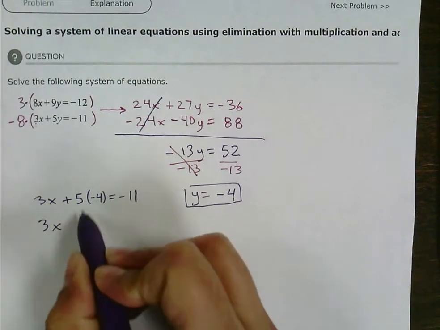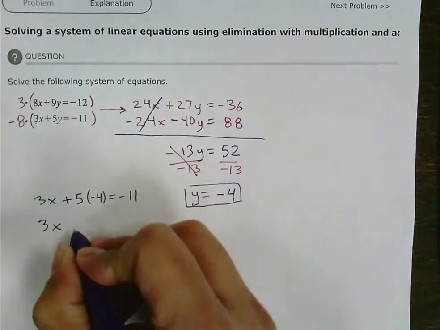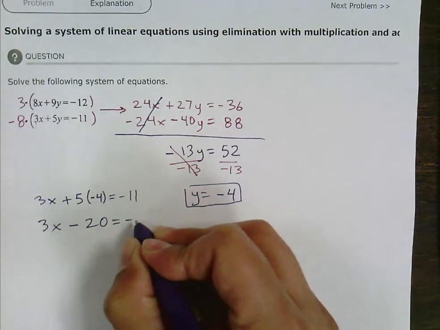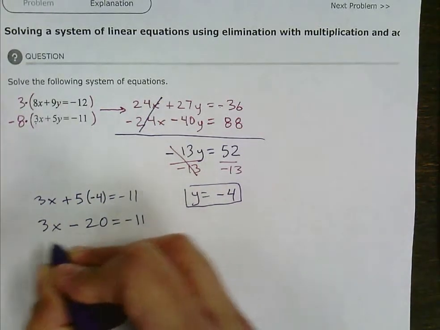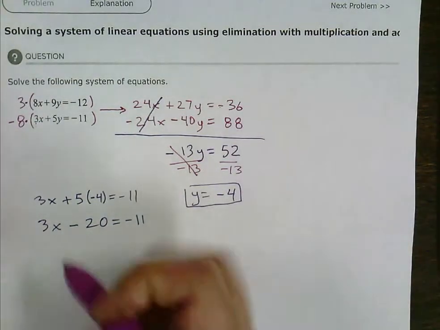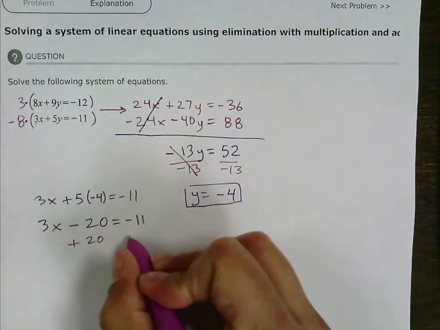Bring down the 3x, 5 times negative 4, that is negative 20. We now have negative 20 here, so 3x minus 20 equals negative 11. We want to cancel this negative 20 by adding 20 to both sides of the equation.